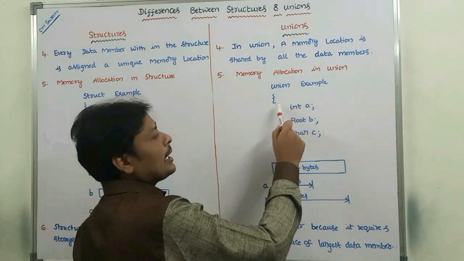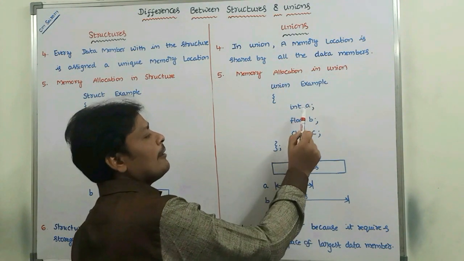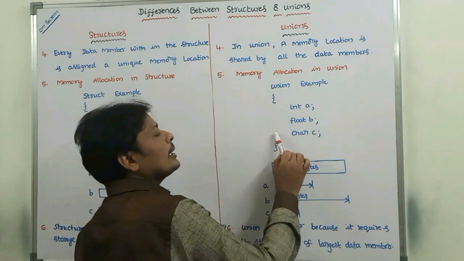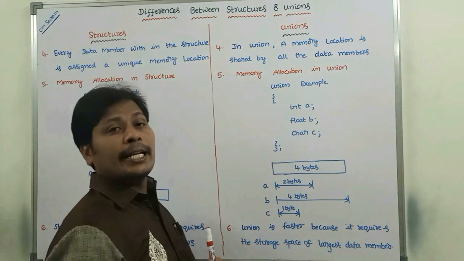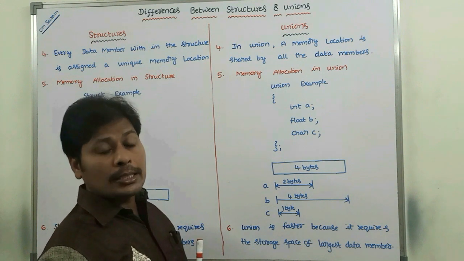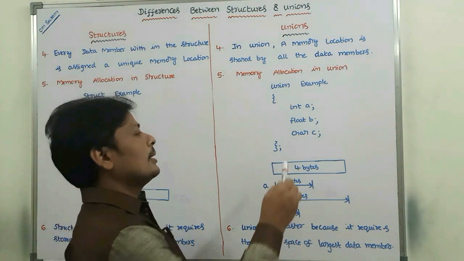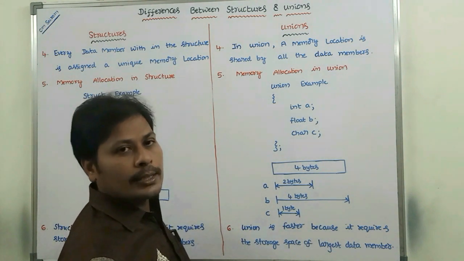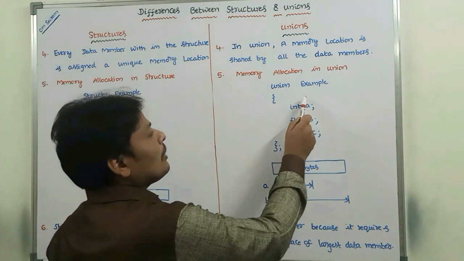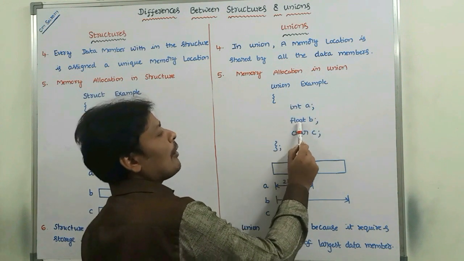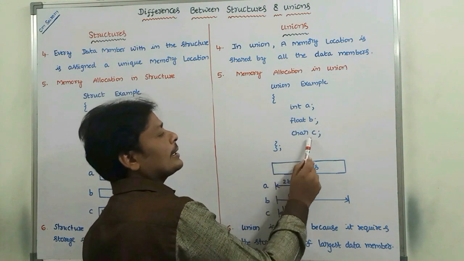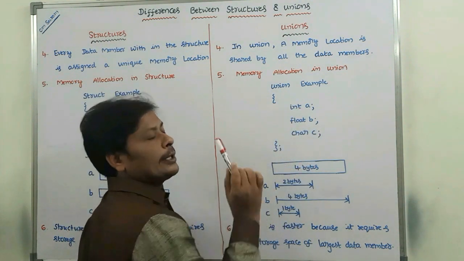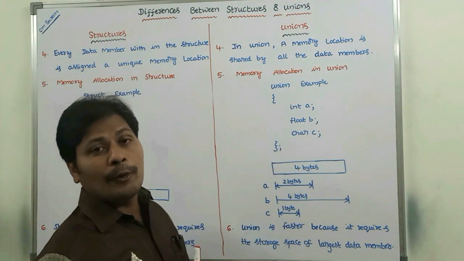The data members are int A, float B, char C. Among all the data members, which data member occupies the largest amount of memory? That is float. Int occupies 2 bytes, float occupies 4 bytes, character occupies 1 byte. So among these, float occupies the largest amount of memory.